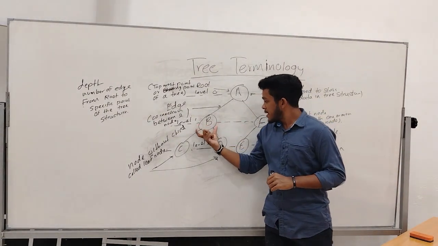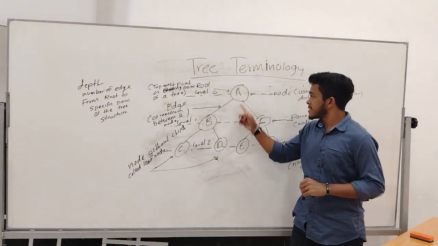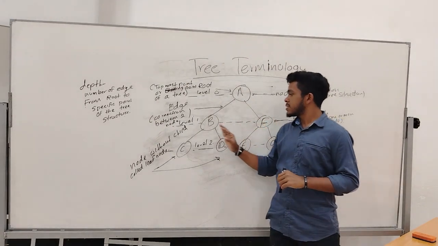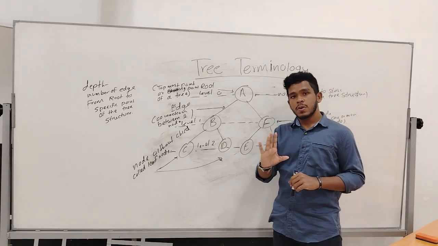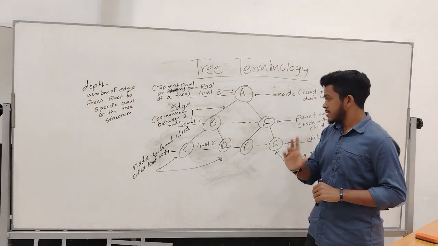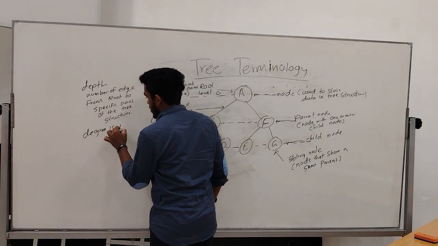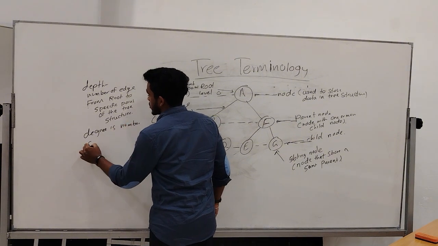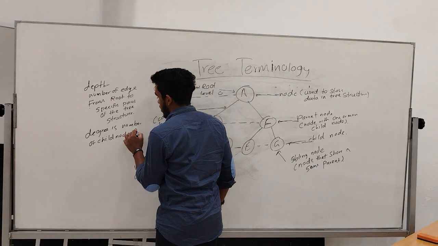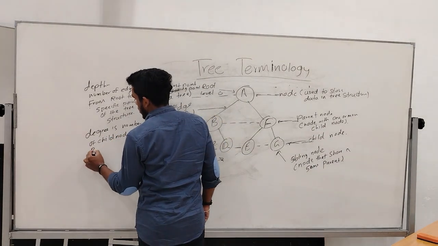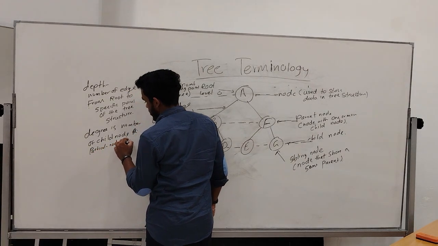A has B and F as children, so the degree of A is 2 as it has 2 child nodes. So degree is the number of child nodes a particular node has.